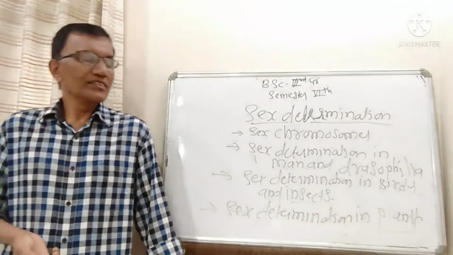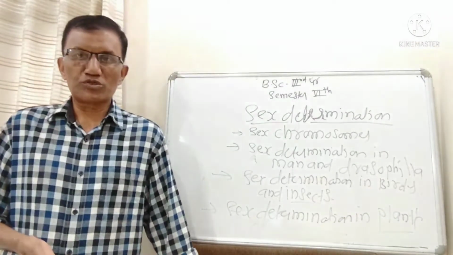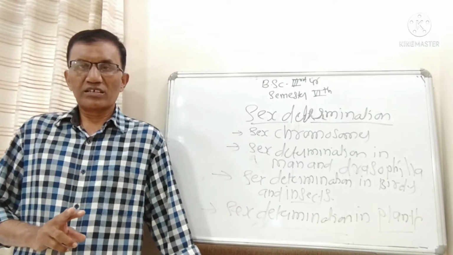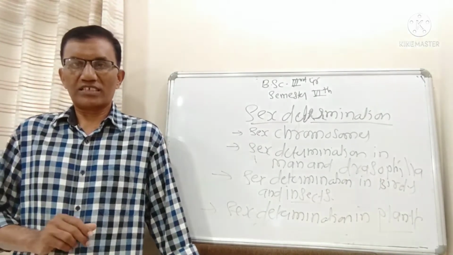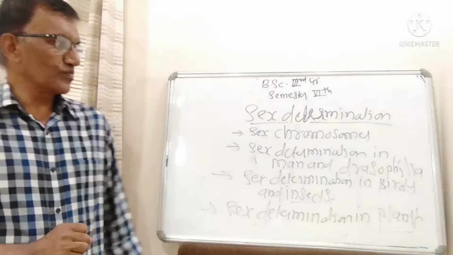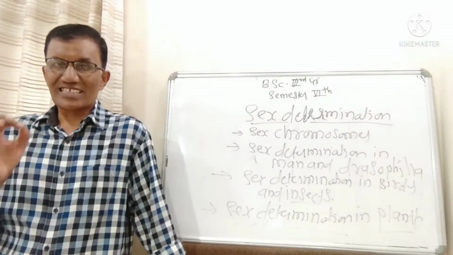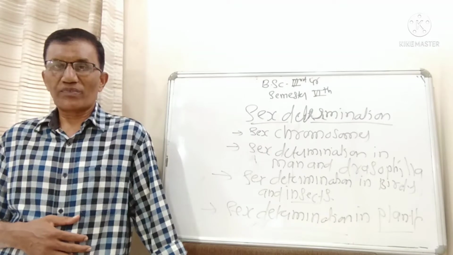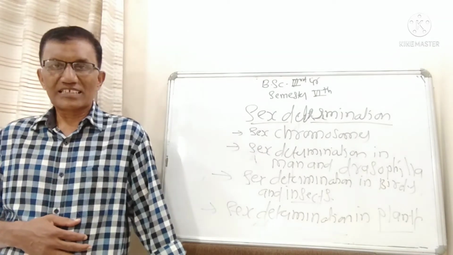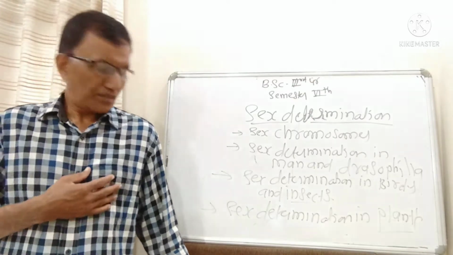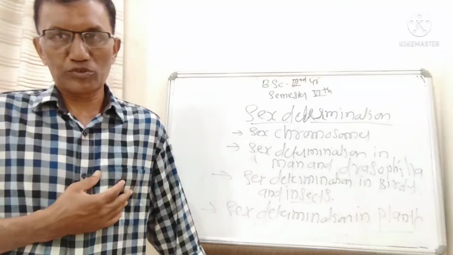Out of these 23 pairs, 22 are autosomes, and one pair of chromosomes present along with the autosomes is responsible for determination of sex. They are known as sex chromosomes. For example, in the case of female it is considered as X, and in the case of male it is considered as Y chromosome.